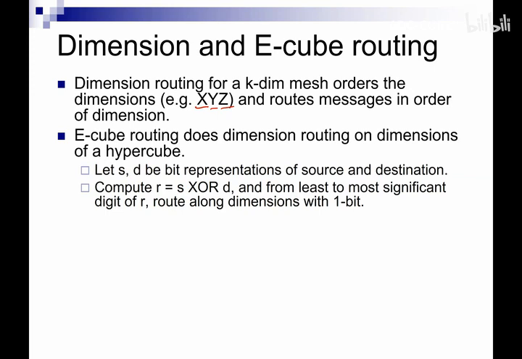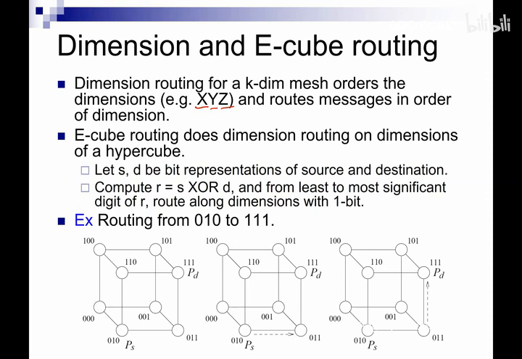Then we're going to do dimension routing on this route R, going in the order from the least significant digit to the most significant digit. And each time you have a 1 bit in R, you're going to route in that dimension. And if you have a 0 bit, you don't need to do the routing in that dimension.